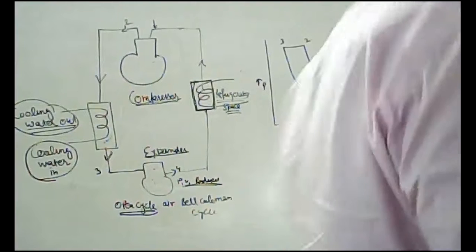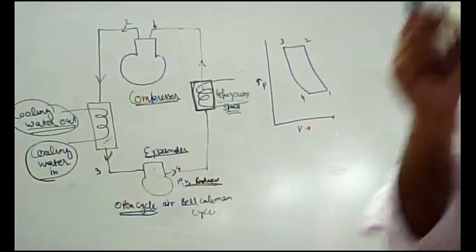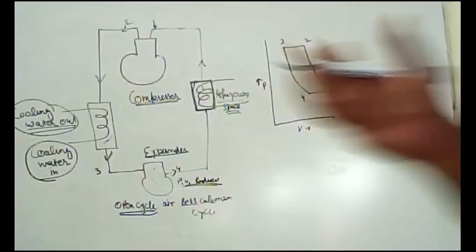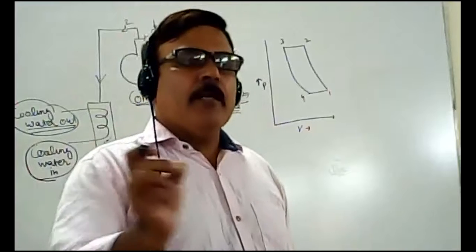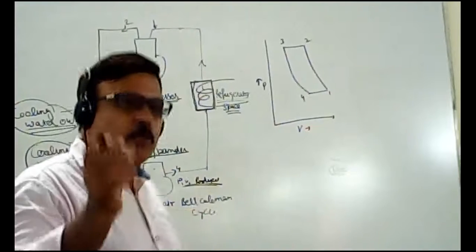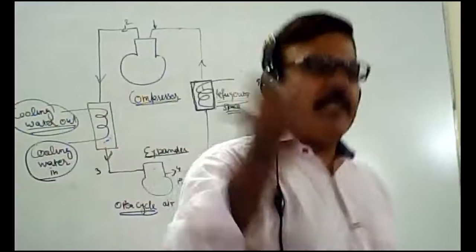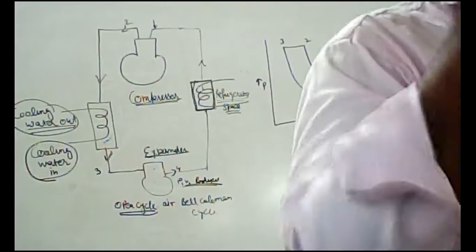Take the example of a refrigerator, in which the refrigerant flows through the pipe and takes the latent heat from there. So when the air passes through the pipe and takes the heat load from there, that is called the closed system.